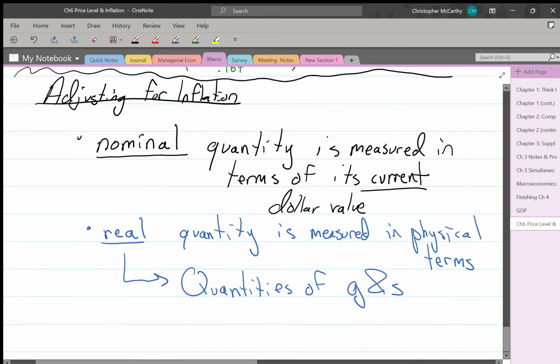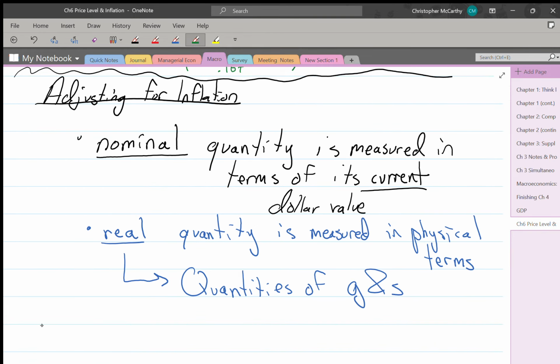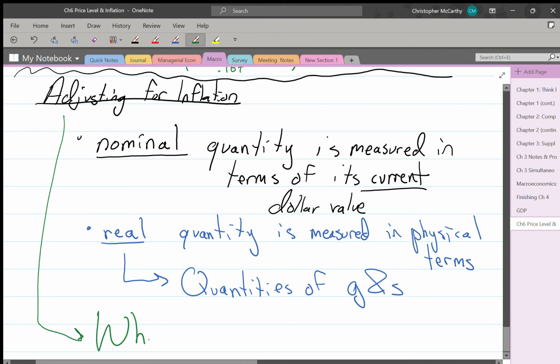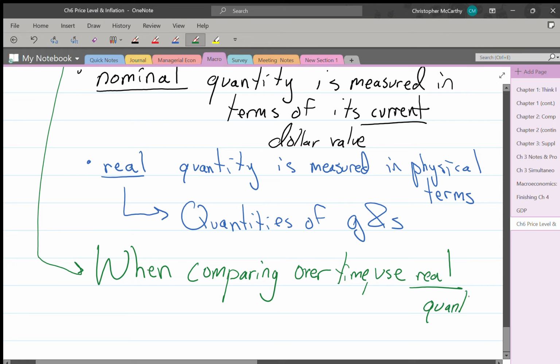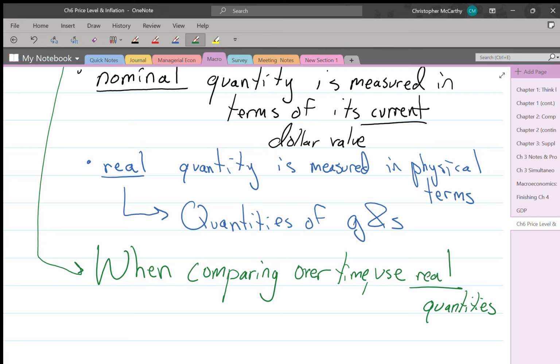So when we are comparing over time, you're always going to use the real quantities. Because if you don't use the real quantities, then you're actually looking at what's happening both to price level and to economic activity at the same time.